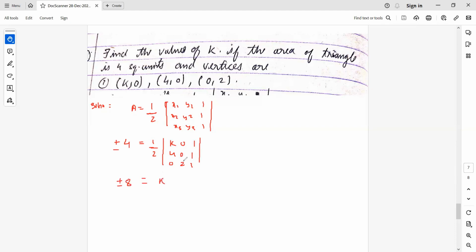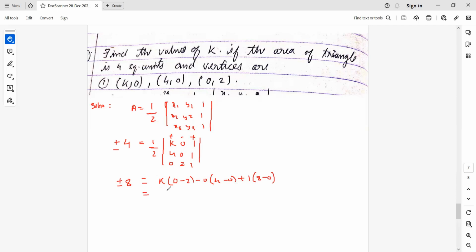Next, k into, again assign the signs for the expansion of the 3 cross 3 determinant. So it will be k into 0 into 1 is 0, 2 into 1 minus 0, minus 0 into 4 into 1 is 4, minus 0, plus 1 into 4 into 2 is 8 minus 0.